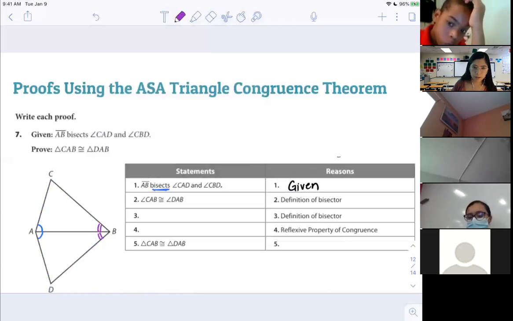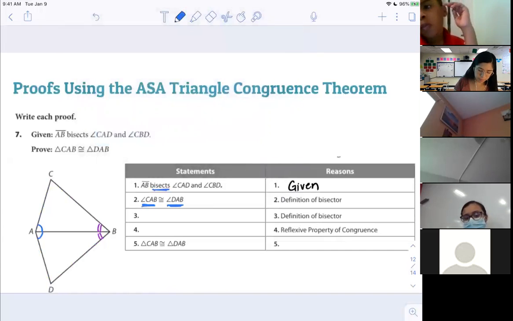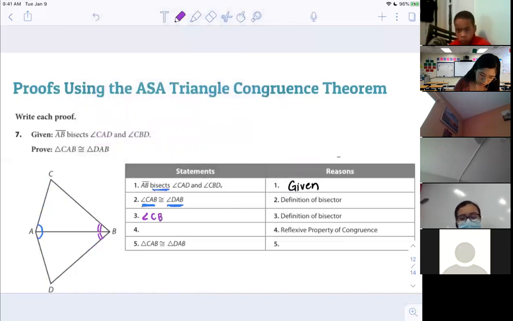Okay. Notice in step 2, they say CAB is congruent to DAB. So we've kind of given that the blue angles are congruent. So what do you guys think is going to be in step 3? Yeah, the purple. We did the blue. The next step is to show that angle CBA is congruent to, can anyone tell me?